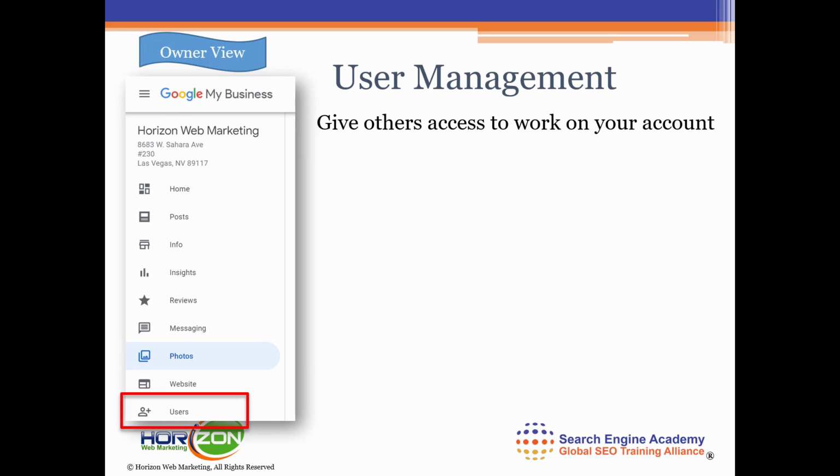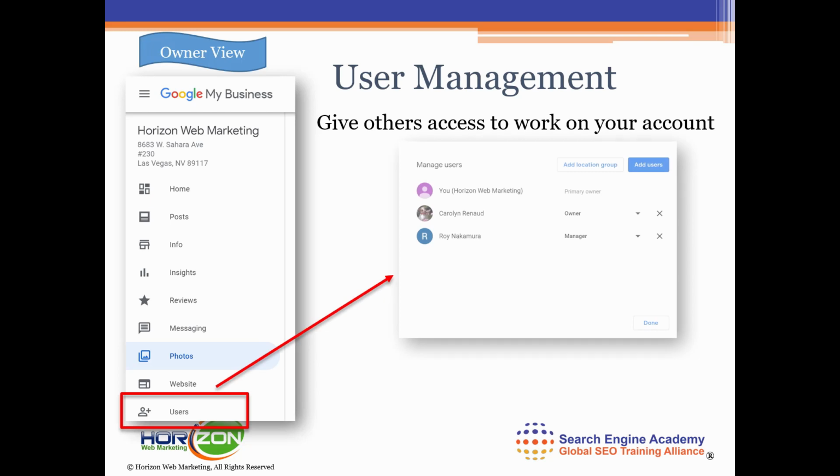Within Google My Business, you'll see there's a users choice on the left-hand side, and if you click on that, it will give you a listing of who already has access and allow you to add other users with different types of rights. You can see here I'm showing primary owner, owner, manager, different types of rights to access your listing and work on it, whether it's an employee or a contractor or an agency, like, for example, our agency, Horizon Web Marketing.